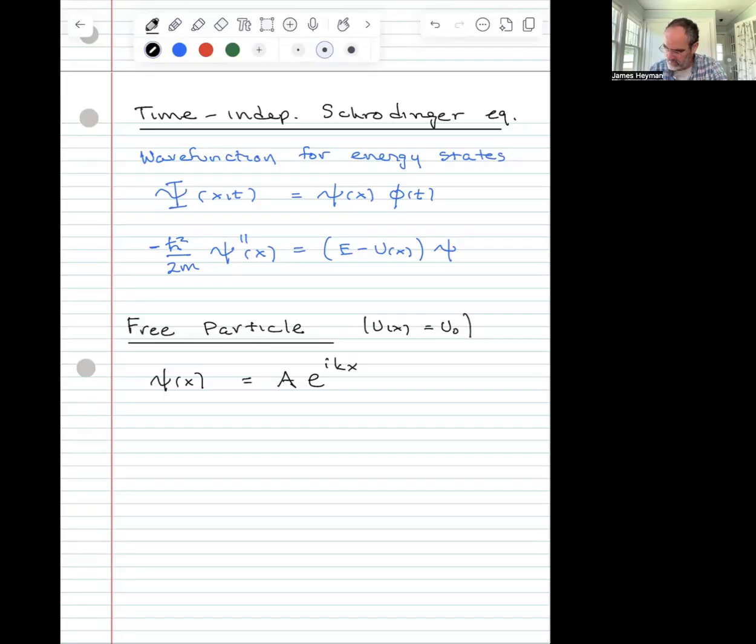We found this is a solution provided that k is equal to the square root of 2 times m times (E minus U0) all over h bar. And this was consistent with the relationship p equals h bar k and with the de Broglie relationship. Okay?